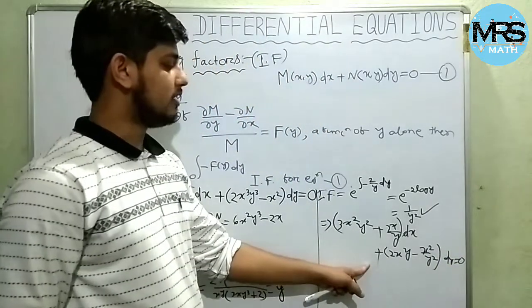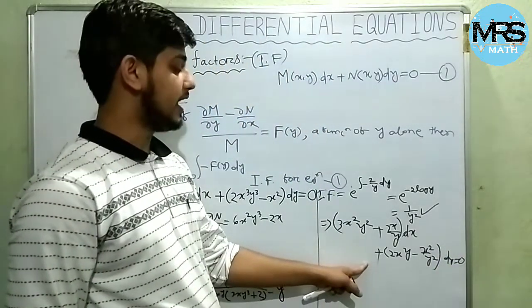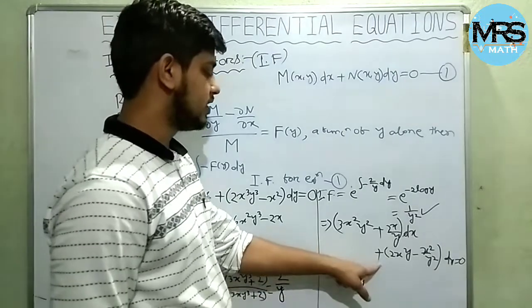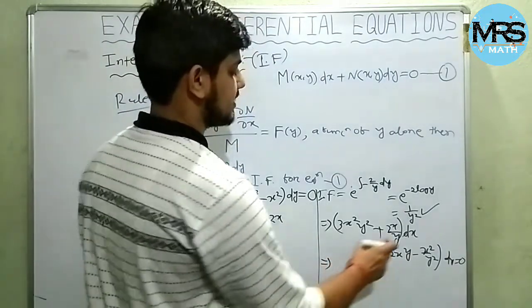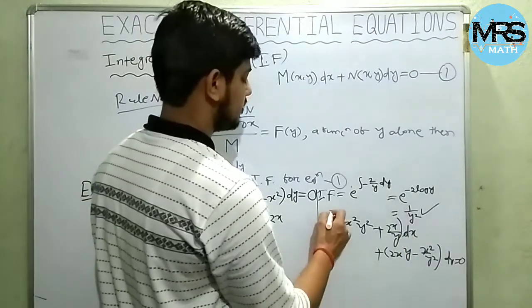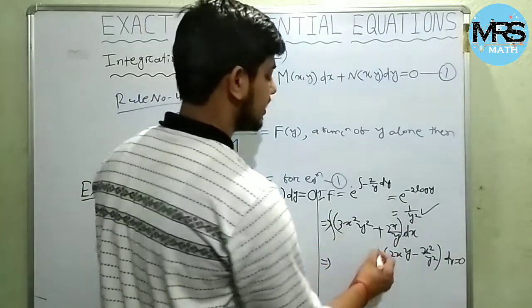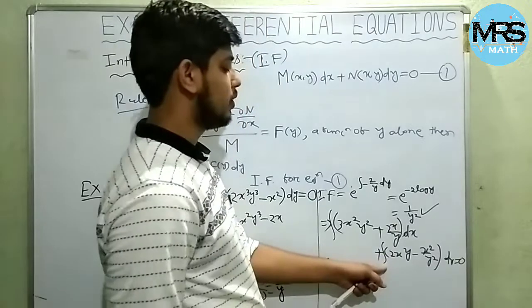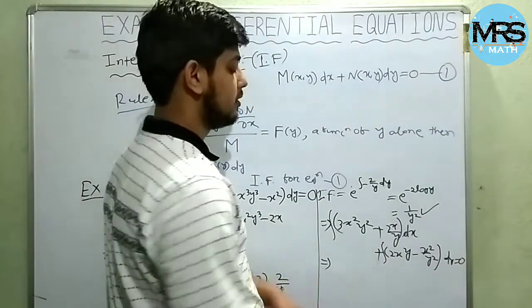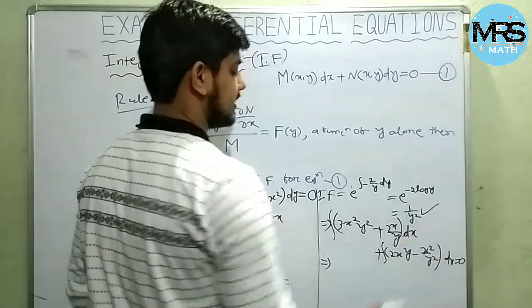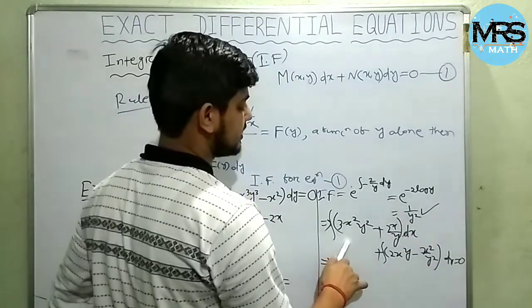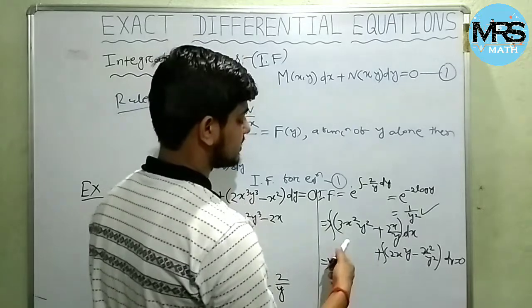So now this is an exact differential equation, correct? So this one we will solve now. So first this one will integrate by keeping y as constant, and the second term we can neglect, since in each term x is there. Only this one we will integrate by taking y as constant.